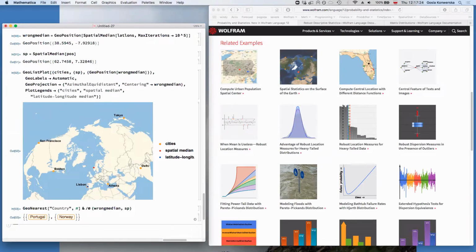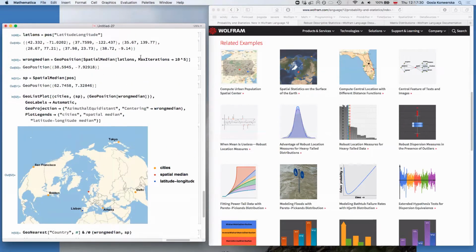So one is close to Portugal, one is close to Norway. It's far apart. One note I would like to make here is in this computation of spatial median, there is an option max iterations, and this is because spatial median indeed is an optimization function. So this is an option for the optimization.